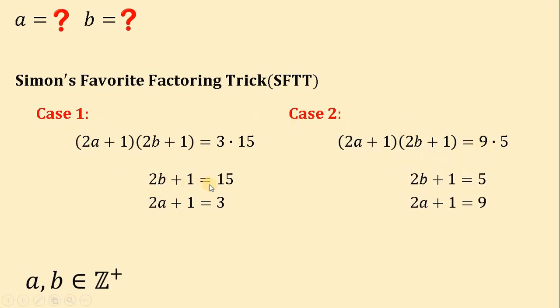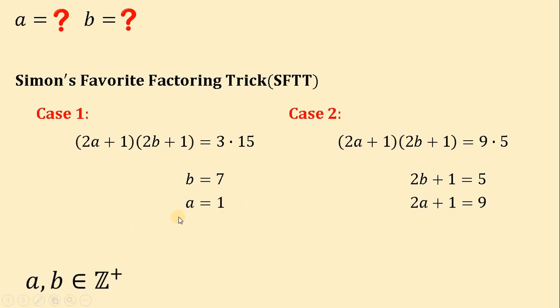Now, let's focus on case number 1. We have 2B plus 1 equals 15. Let's subtract 1 on both sides. This will give us 2B equals 14. Divide by 2 on both sides, and we get that the value of B must be equal to 7. Now, how about in this equation? 2A plus 1 equals 3. Subtract 1 on both sides. This will give us 2A equals 2. Divide by 2 on both sides, and we get that the value of A must be equal to 1.